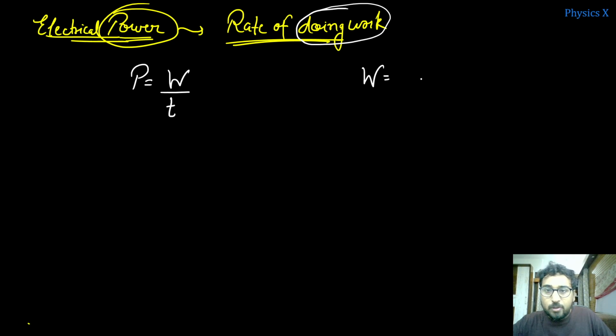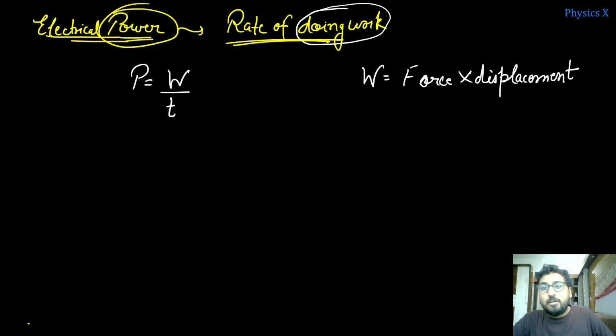Work done is nothing but force into displacement, right? That is the basic formula. Or, from the definition of electric potential, V is equal to W by Q.